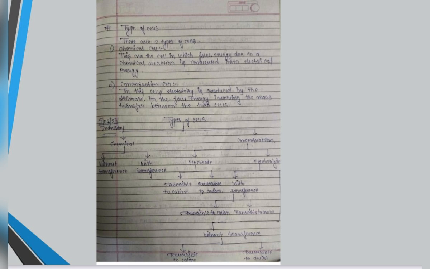When you talk about electrode cells, one is reversible to cation and the other one is reversible to anion. When you talk about electrolyte, it's once again categorized into two parts, with transference and without transference. And in both cases, we further classify with respect to reversible to cation and reversible to anion.